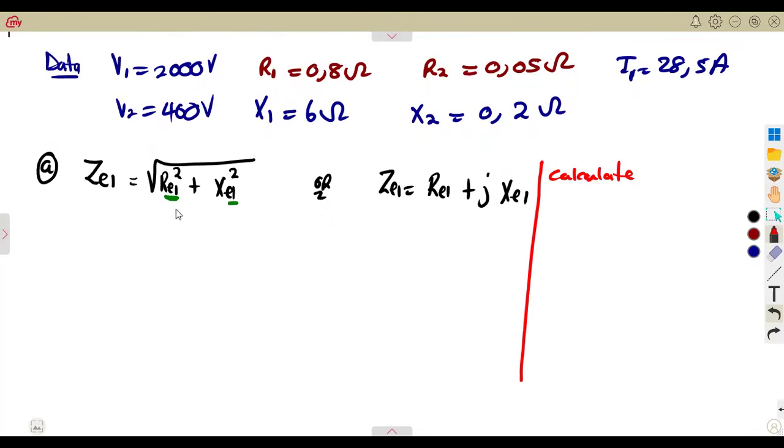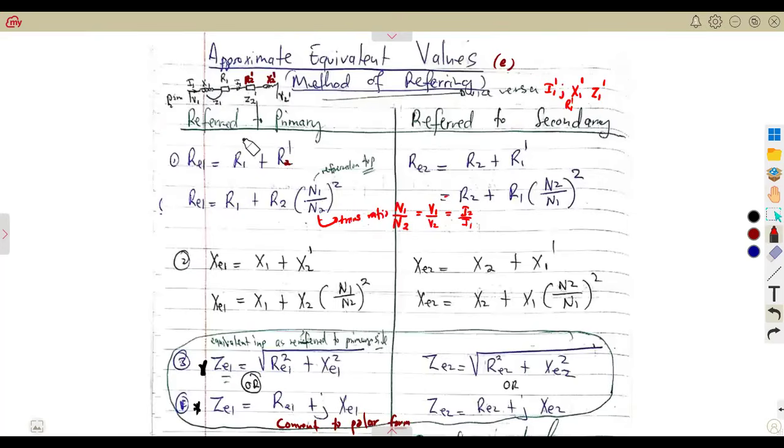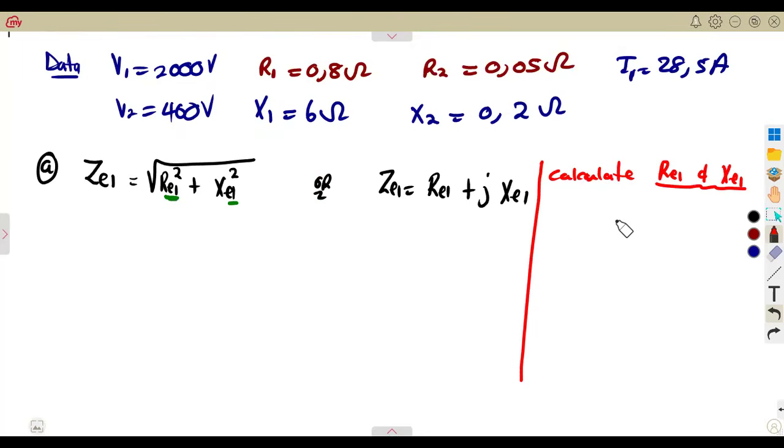in this case, first RE1 and XE1, which are referred to the primary side. So these calculations, guys, RE1 can be taken from our formula. Just going to substitute. So RE1 is going to be equal to R1 plus R2 bar, referred to the primary side.